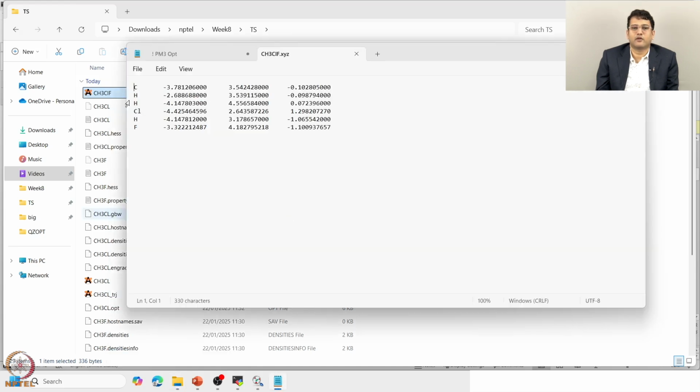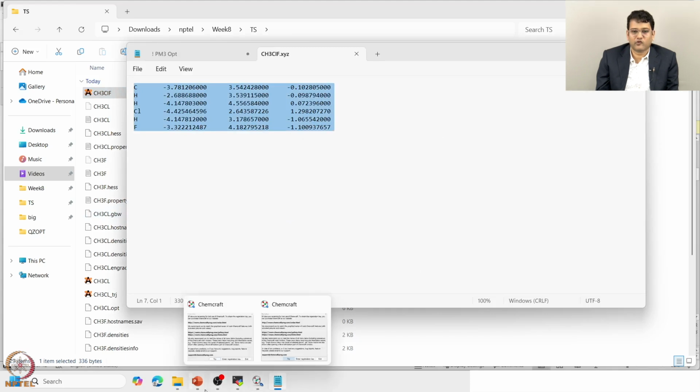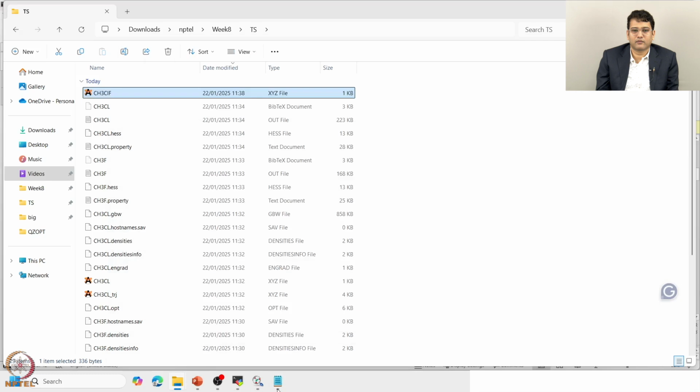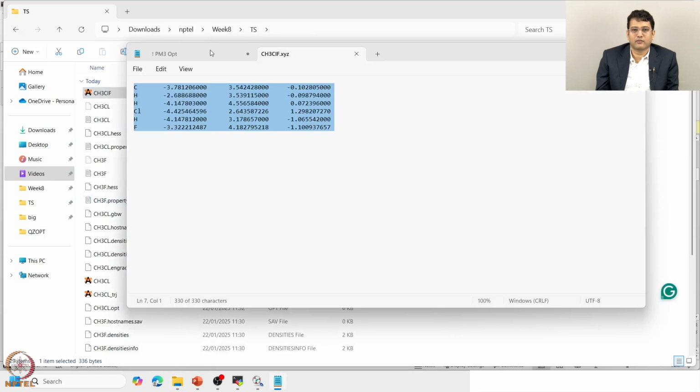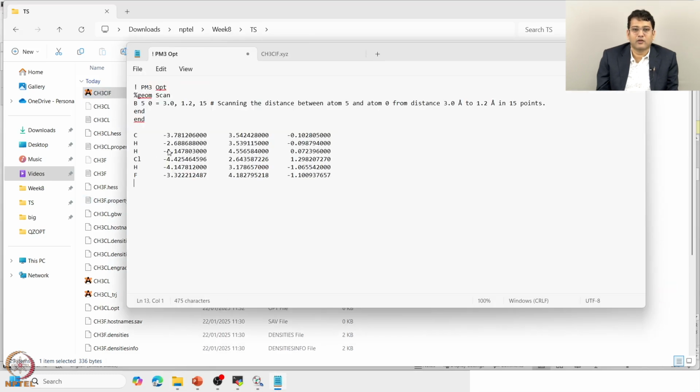Good, we got it. Let me get the geometry. This one should be star XYZ, with charge -1 because the fluorine will be minus here, and multiplicity 1. Now, you see ORCA starts counting from 0. So, carbon is atom number 0 and 5 is the atom number of fluorine.